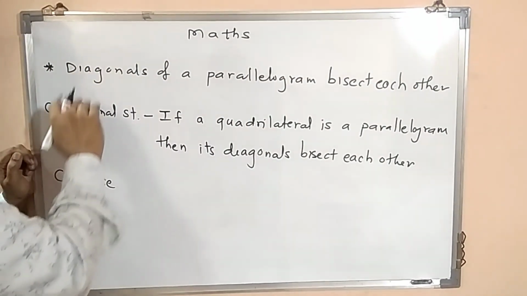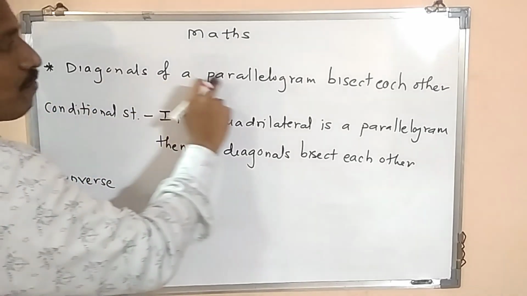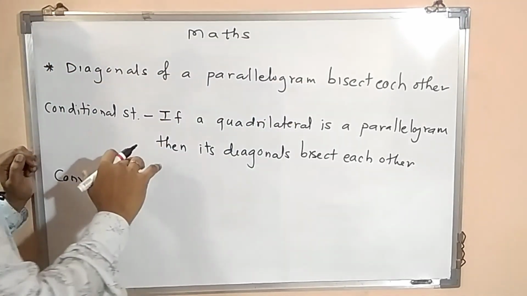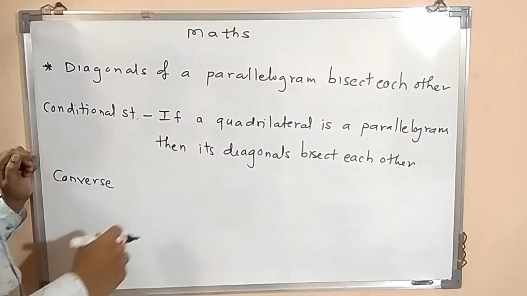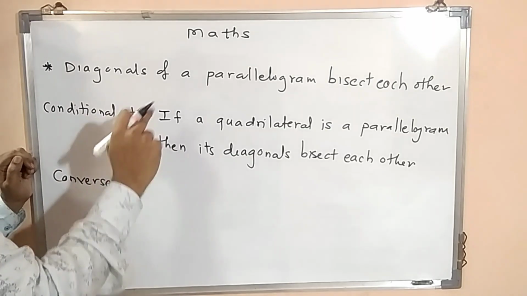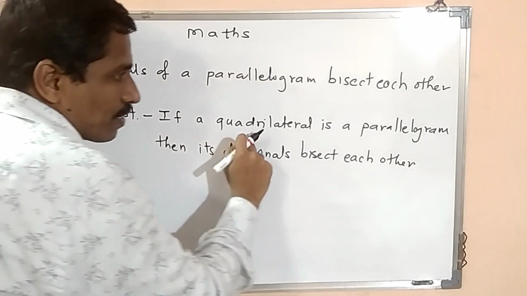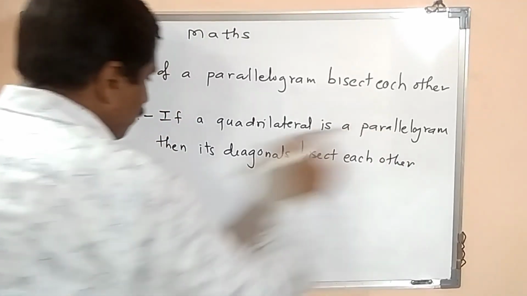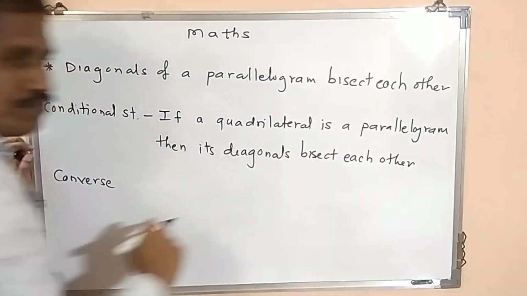First, we'll write this in conditional statement. Diagonals of a parallelogram is given. Diagonals bisect each other, this is to be proved part. Now, how will we write in conditional form? If a quadrilateral is a parallelogram, then its diagonals bisect each other.